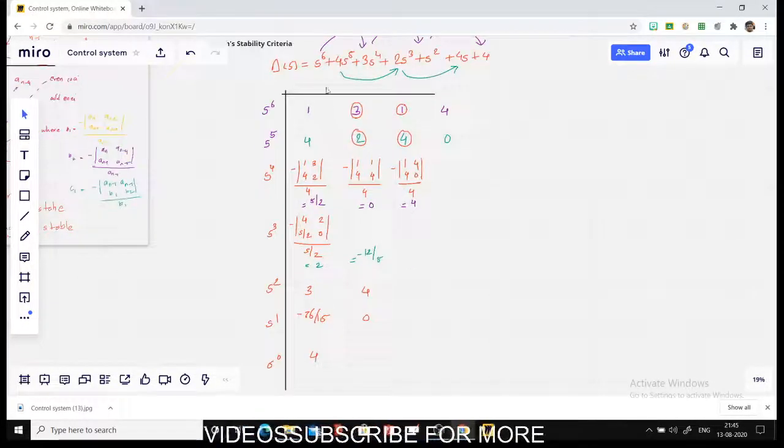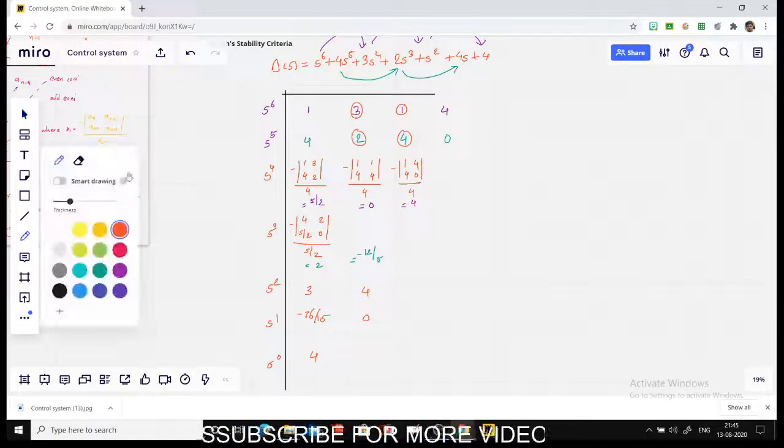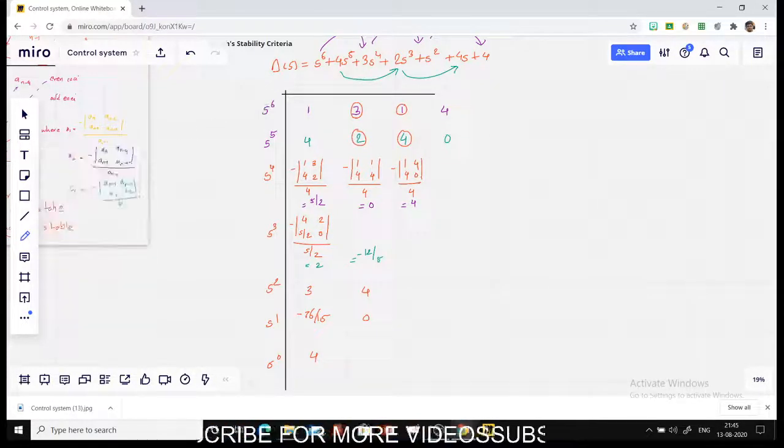You have to start with s raised to 6 and end with s raised to 0, so in total there will be 7 rows, and you get the reducing matrix. Now what about the stability?